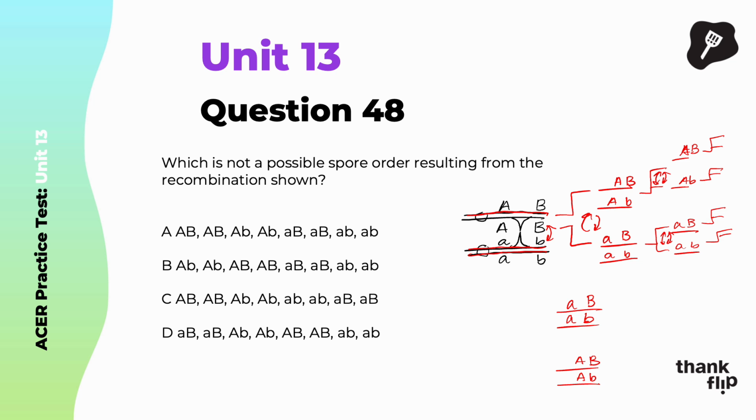Okay, so from this, you could get this order as well. So just swapping this one. Any combination of this order. So you could get, or you could get, right. So if they both swapped around.